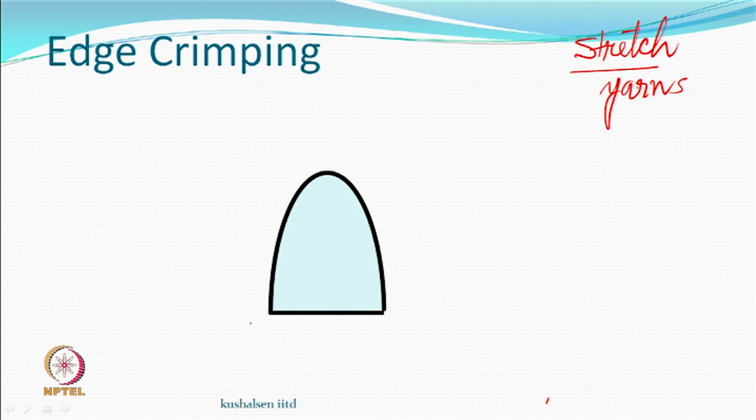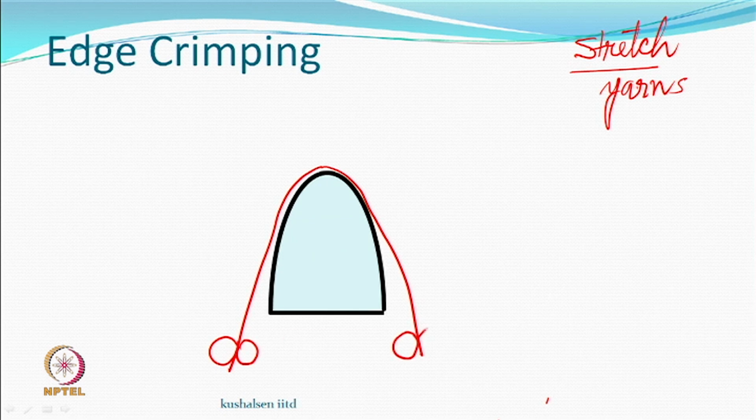You take a yarn over a sharp edge, under tension. If you take a yarn over a sharp edge under tension, and if you want to design something, you can, let us say, it is also easy to understand to begin with.